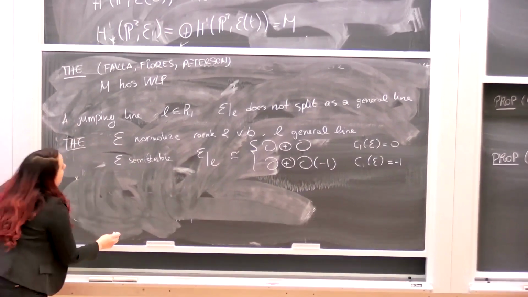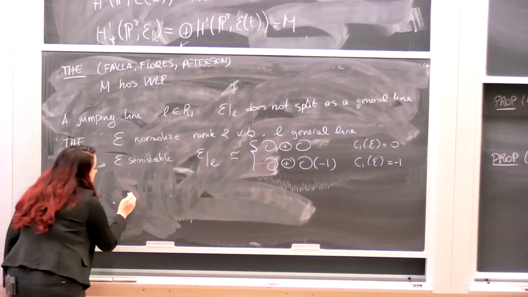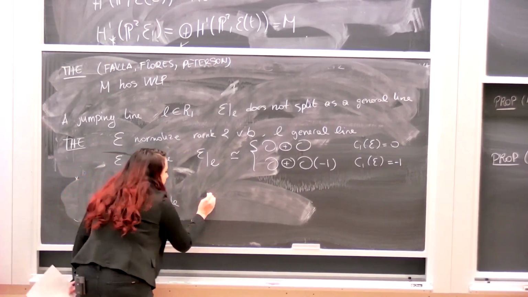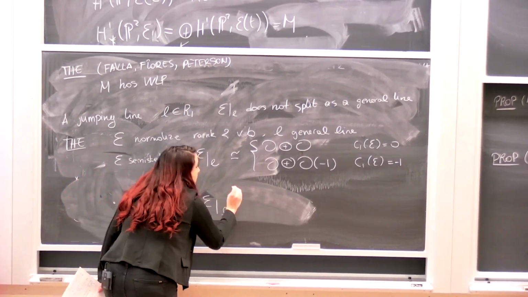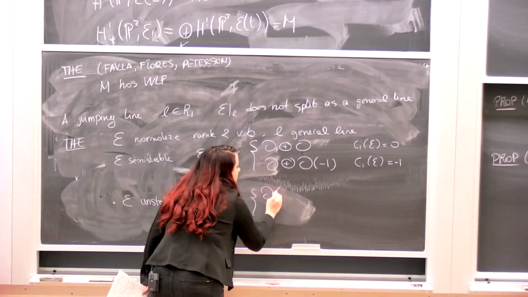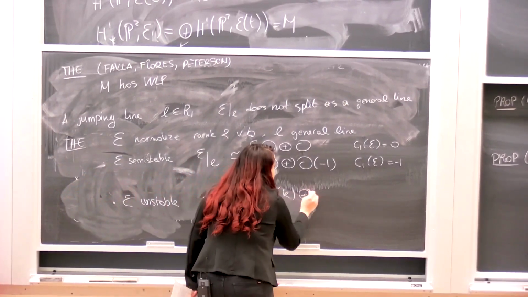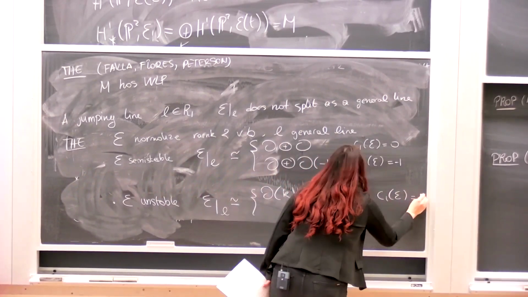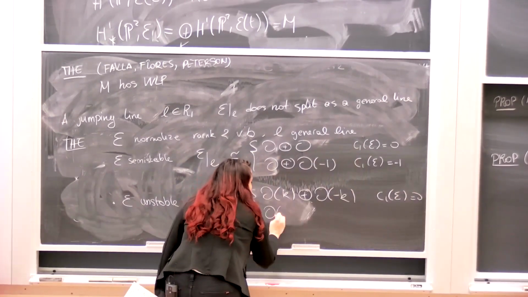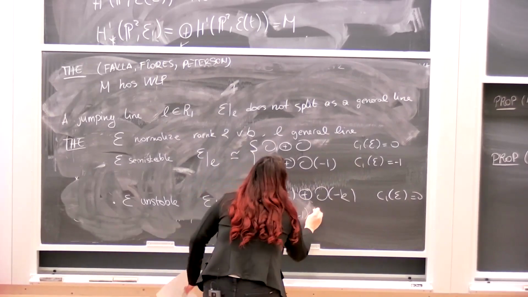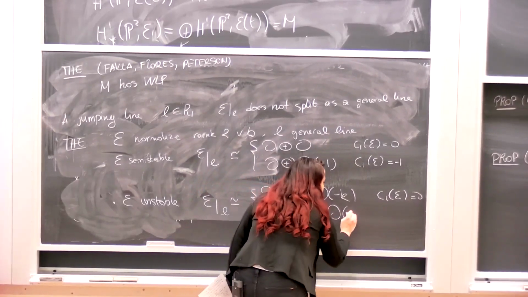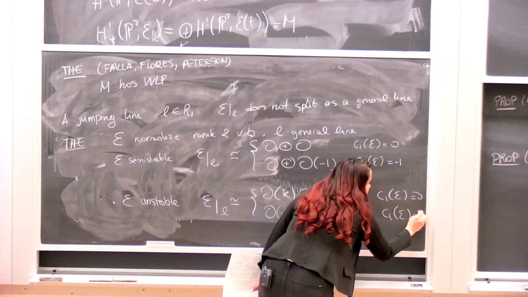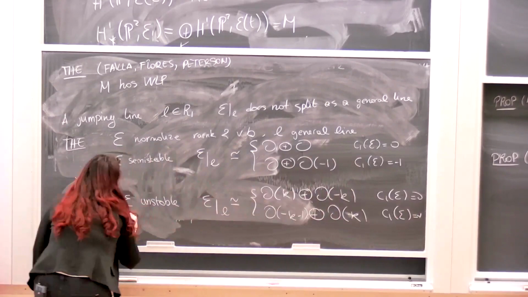Failla, Florence, and Peterson actually extend this to the unstable case. And in this case, it depends. The splitting type will be k minus c1, 0, and minus k minus 1 from c1 minus 1, where k is the instability index.